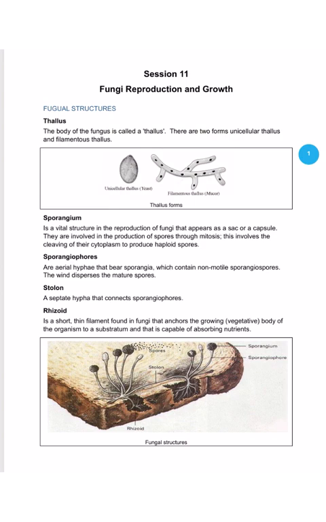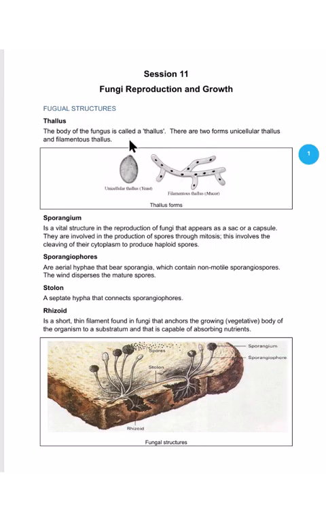Thallus is the body of the fungi. So the whole body of a fungus is called thallus. There are two forms of the body of the fungi: either unicellular thallus or filamentous thallus.